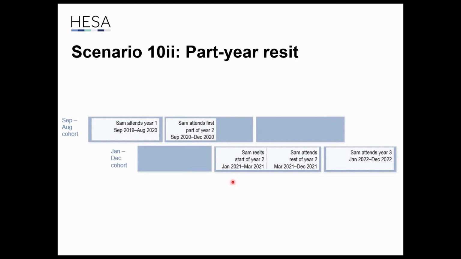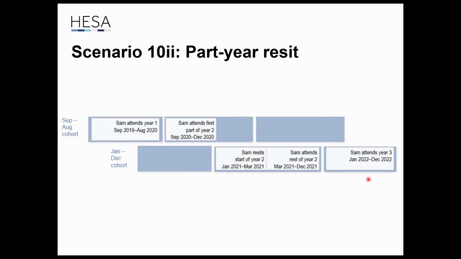At this provider, and I understand this doesn't happen at every provider, but in this example, there is a cohort of students starting in January. So she's able to join that cohort at the point she stops in her first cohort in December. So she comes back in January, joins this other cohort, resits that beginning of year 2, then carries on with the rest of year 2, passes the whole year, and then carries on with year 3.